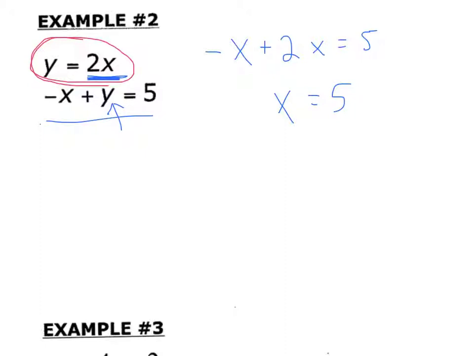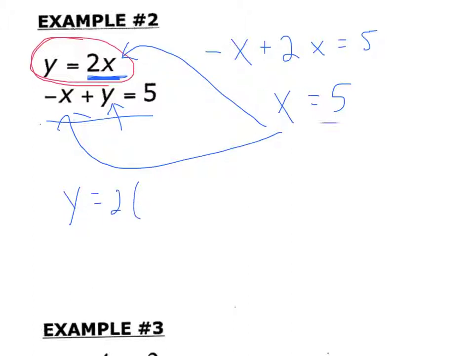Okay, so now that you've found that variable, you can just plug it back into one of your equations. You can either plug it in here, or you can plug it in here. It doesn't matter. Okay, so let's do the top one. That gives us y equals 2 times our variable that we found for x, which was 5.